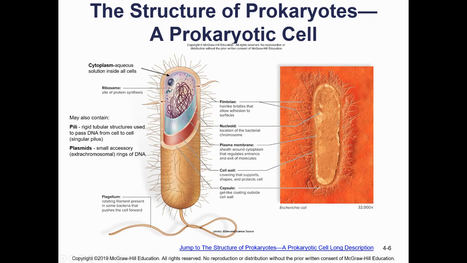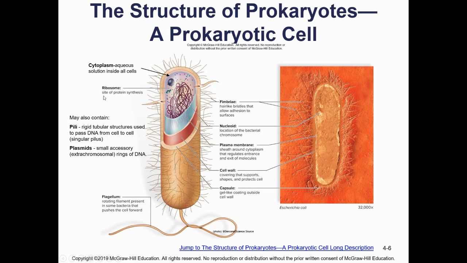Ribosomes. So all cells, eukaryotes and prokaryotes, have ribosomes. This is a site of protein synthesis. This is pretty critical because metabolism, the sum total of all the chemical reactions in a cell, every chemical reaction is sped up using enzymes.